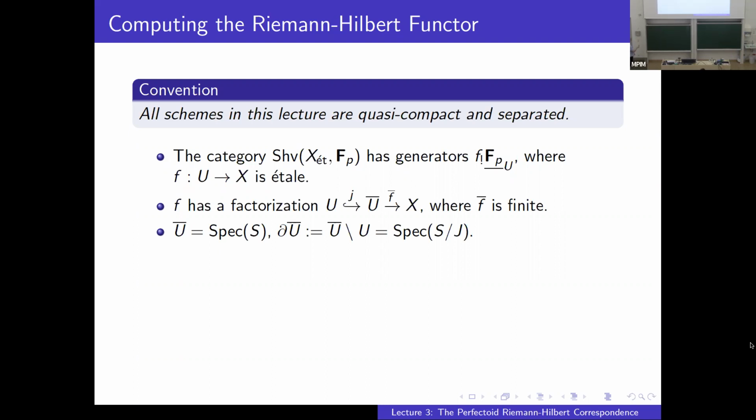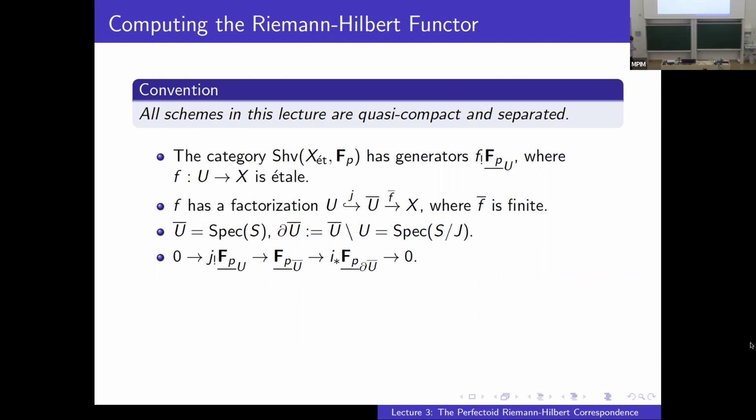You can write it as the spectrum of some R-algebra S. And the boundary of U bar is going to be the vanishing locus of some ideal that I'll denote by J. So in this situation, the constant sheaf on U bar has a decomposition. It has a subsheaf, which is supported on the open set U, and a quotient sheaf, which is the constant sheaf supported on the boundary.